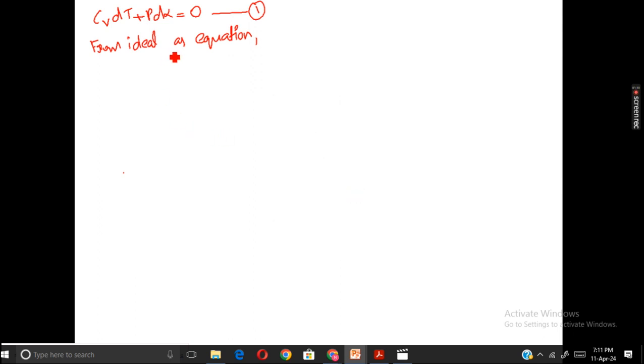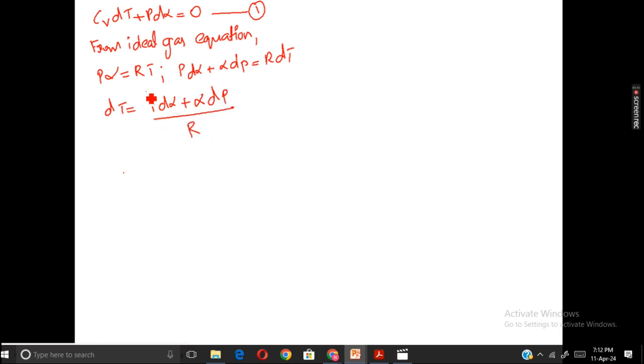So from the ideal gas equation, P alpha is equal to RT. Differentiating it, P d alpha plus alpha dP is equal to R dT. So dT is (P d alpha plus alpha dP) by R. Okay, this is equation 2.